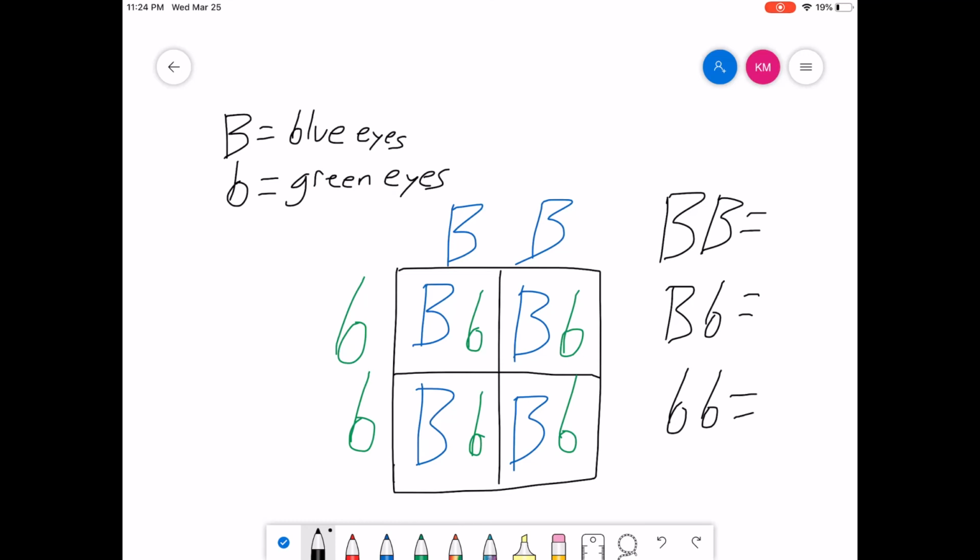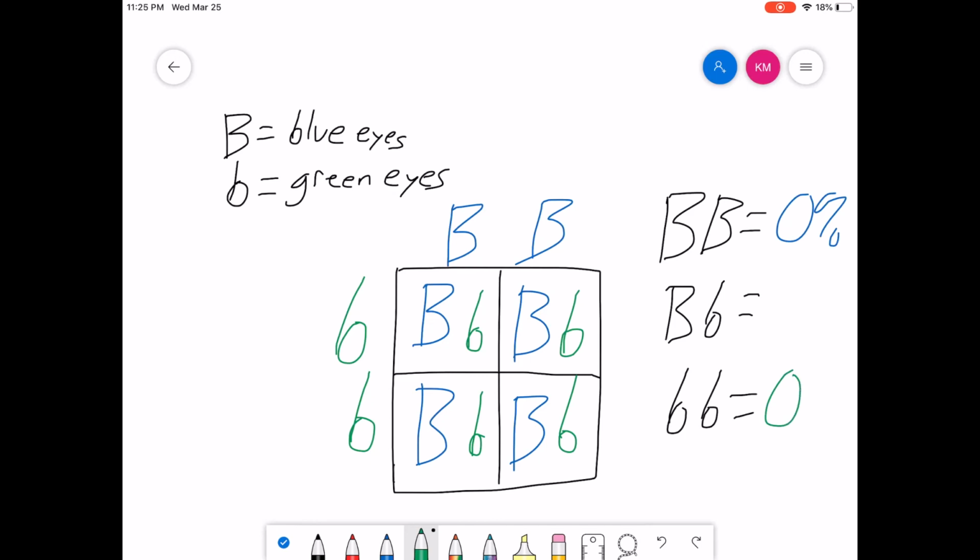In this case, a lot of our work is done for us because we can see that we don't see any homozygous dominant. Therefore, our percentage chance to be homozygous dominant is 0%. Skipping down to our homozygous recessive, which is our only way to get green eyes, we also don't have any of those.